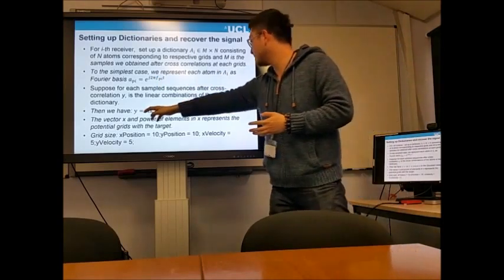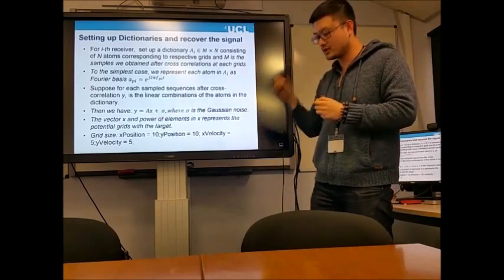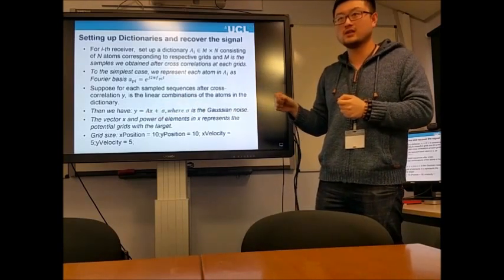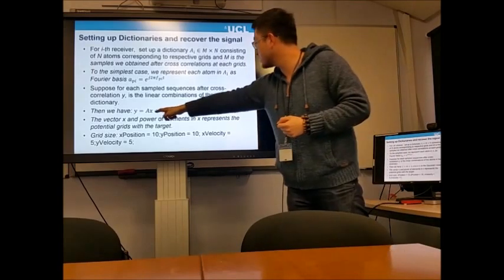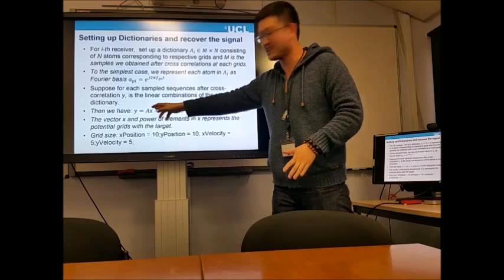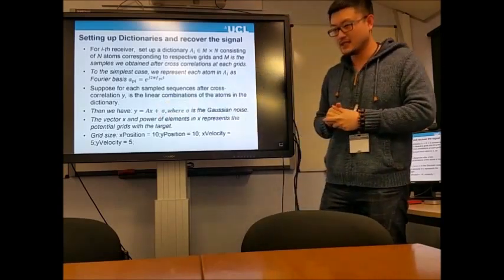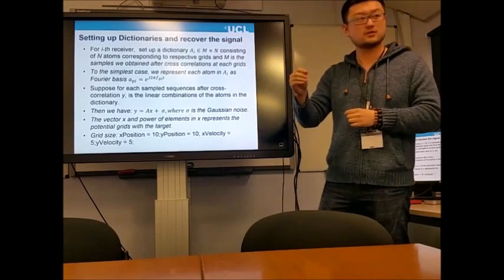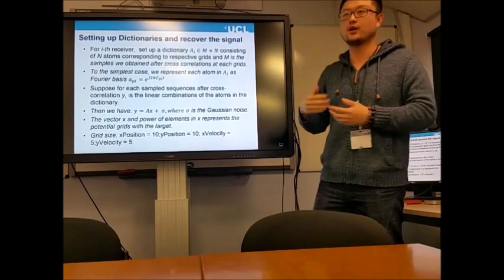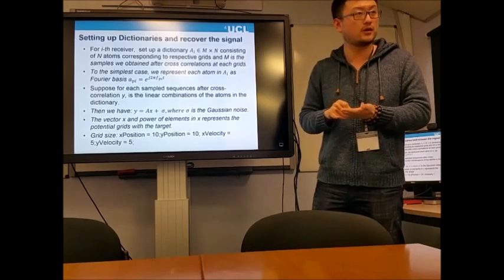So here we have the dictionary A, and we would like to estimate which grid the target is in exactly, which is the x vector, and the y is the m samples we have got after the correlation based on the reference signal multiplied by the Doppler.